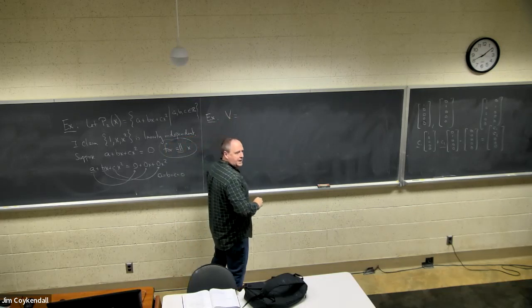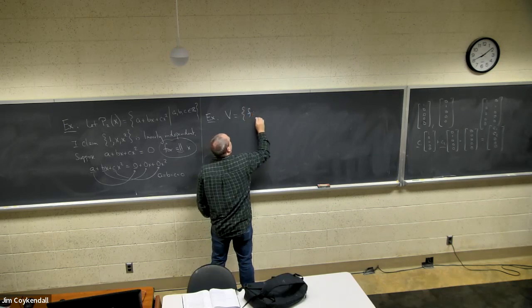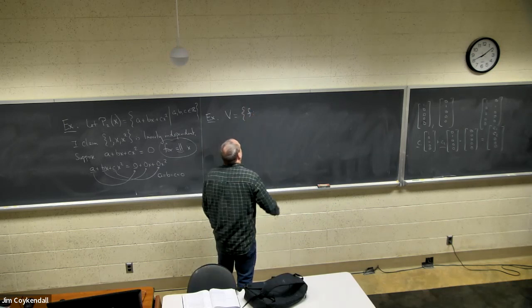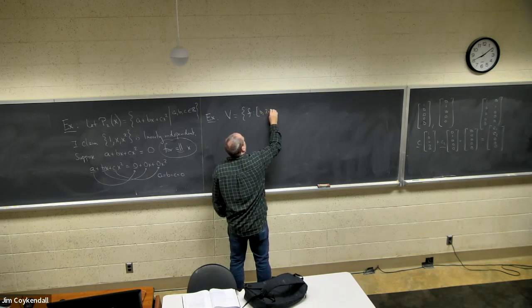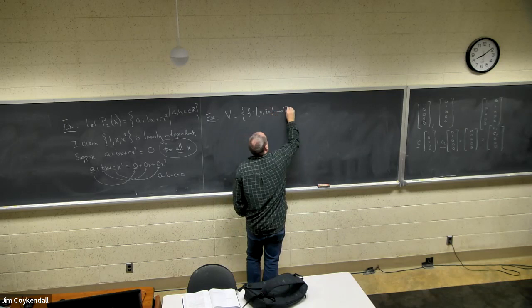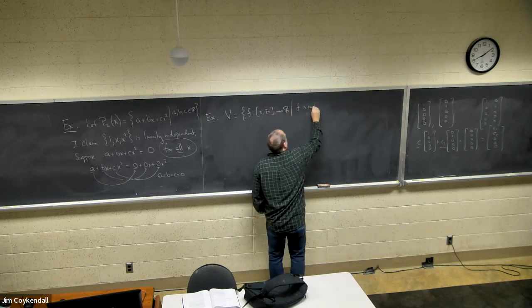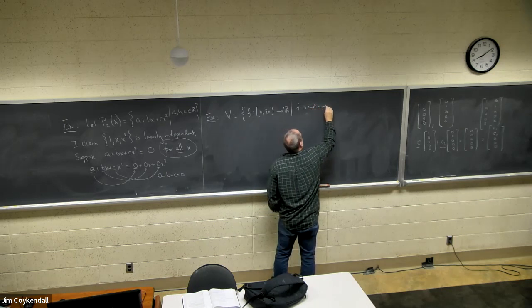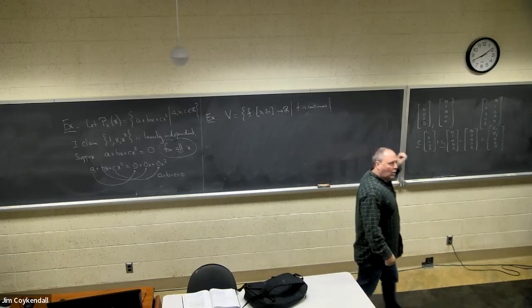Let B be the set of, let's say, from... okay, so this is like a Calc 1 thing. What is this collection?